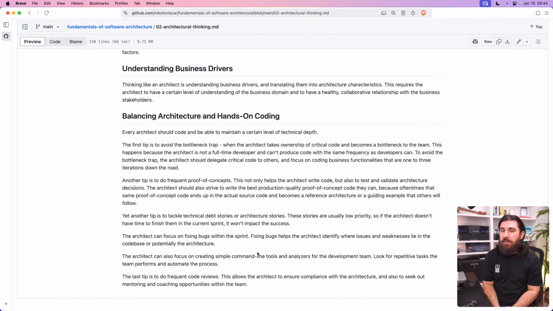And when developers make those decisions that affect the architecture and they tag you in the PR, you as an architect are going to notice that and you're going to talk about that within the same PR, right?